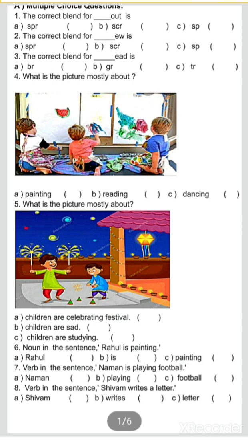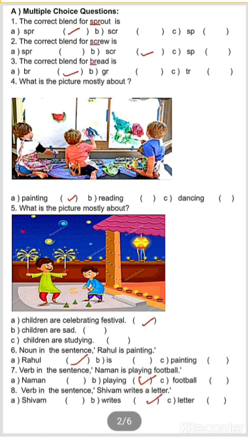Football is also a naming word of a thing which Naman is playing. So what is Naman doing? Naman is playing. So playing is the verb here. So we will tick on playing. Like this we will do. Right? So let's move towards the next part.